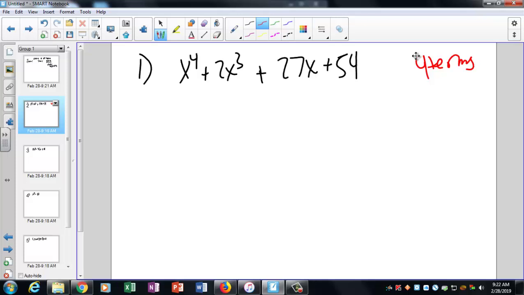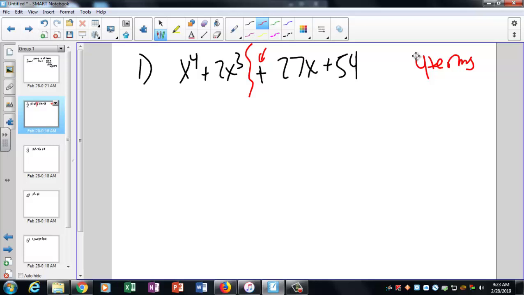Now, when I factor by grouping, I just split it down the middle. But pay attention to what this sign here is. If that sign's a minus, we're going to want to factor out a negative, and it's going to change the last sign on the end. If it's positive, we just leave it the way it is.